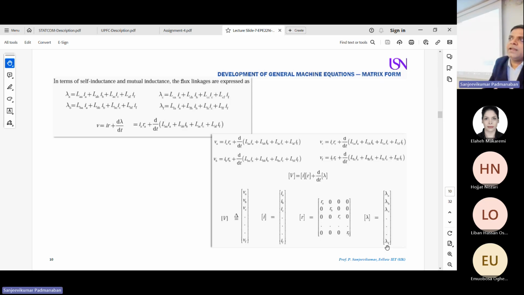If I'm getting 99% in software, definitely it will be 98 or 97% in real time. It's clear to you? That's why we make this model to predetermine the efficiency, losses, performance, and of course the reliability and lifetime analysis of a large machine in a software environment before it is manufactured. Or if you have a machine and don't know what to do, you need to go for testing. So that's why we need models.